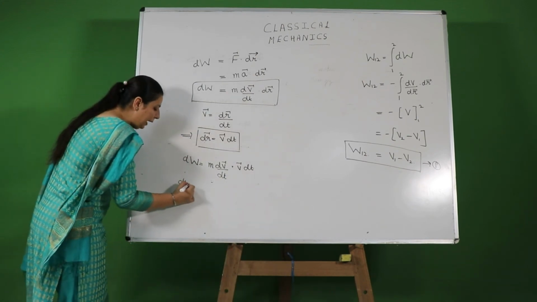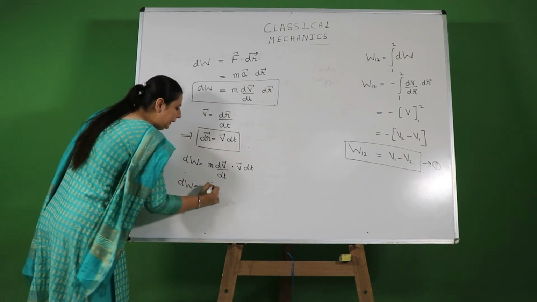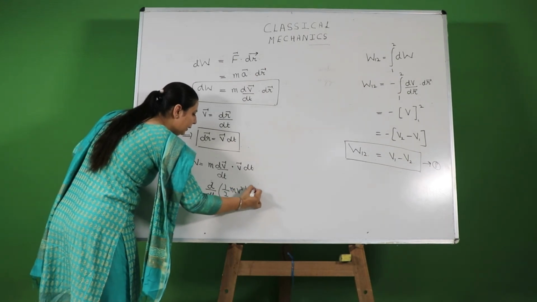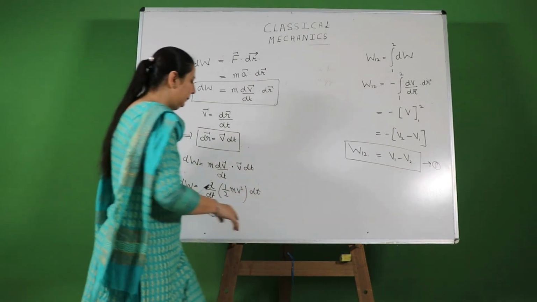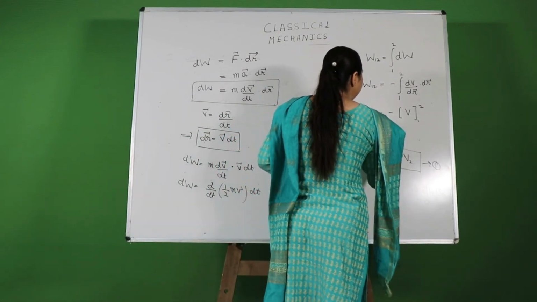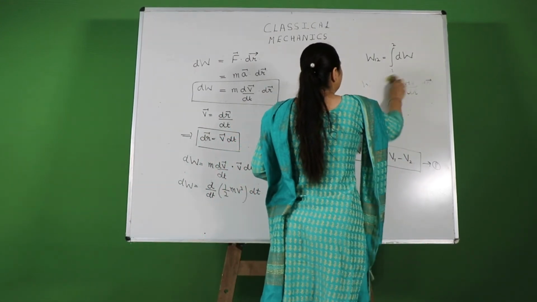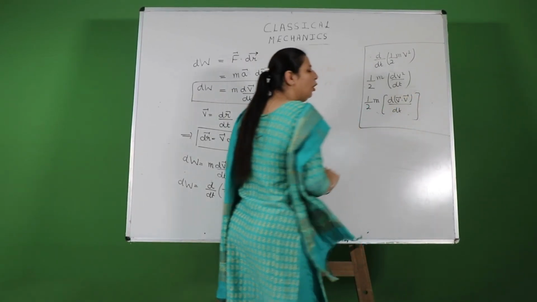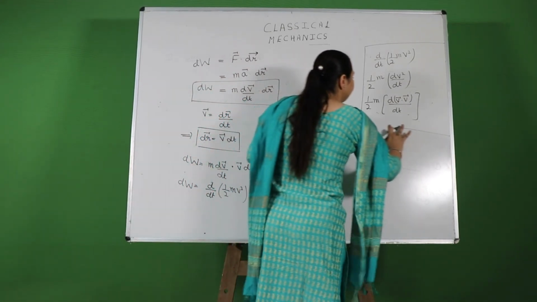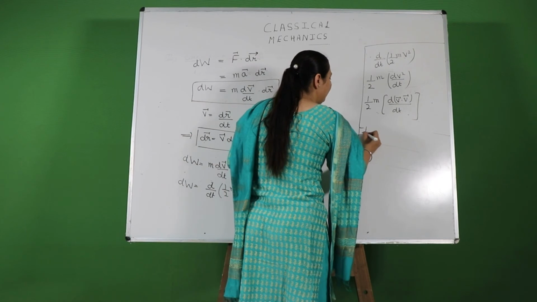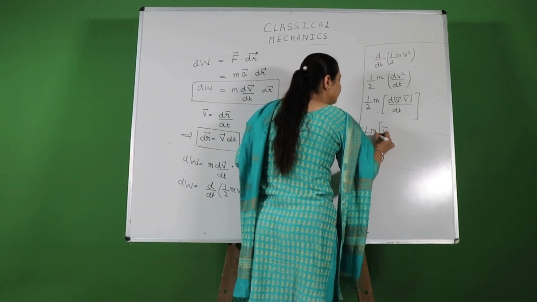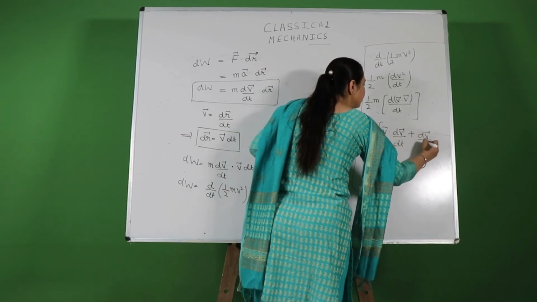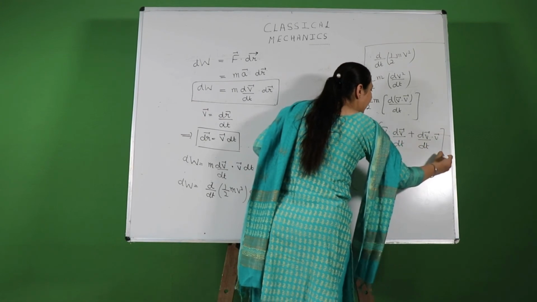This equation can be written as dW equal to d by dt of 1 by 2 mv square into dt. We can check how I have written this equation. dv dot v upon dt. Square can always be written as a dot product. So what will this become? 1 by 2m, first function as it is into derivative of the second, plus derivative of the first into second function as it is.